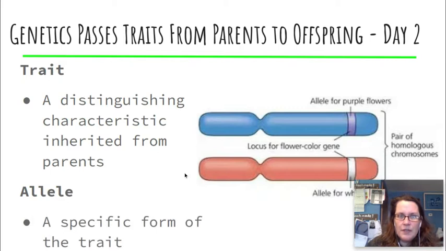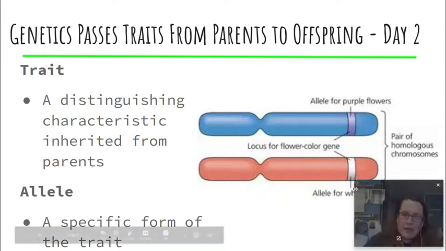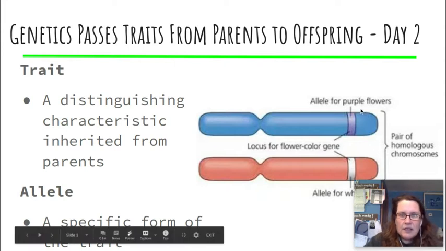So, talking about traits and alleles. A trait is a distinguishing characteristic that you inherit from your parents, and an allele is a specific form of it. In that video, and in the next video that you're going to watch on the next slide, it talks about Gregor Mendel, who was an Austrian monk known as the father of genetics. He did a bunch of studies on different organisms, but he's made famous for studying the pea plant. In peas, there's a variety of different traits that he studied.